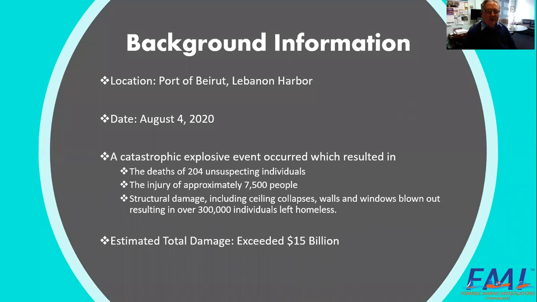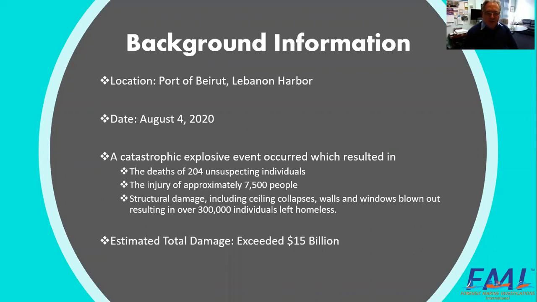So a little bit of background. Again, it was August 4th of this past summer. This event was considered a catastrophic explosive event. It did unfortunately result in over 200 deaths. There were over 7,500 injuries.